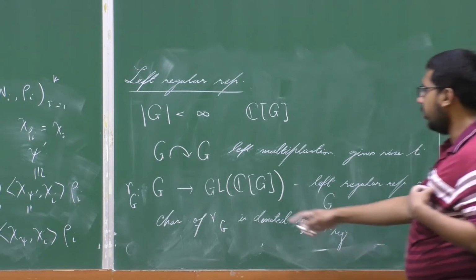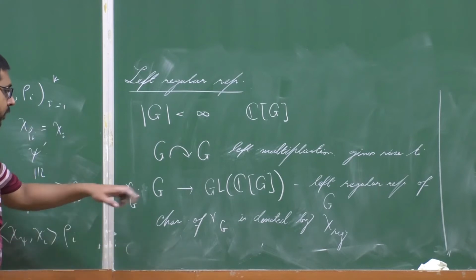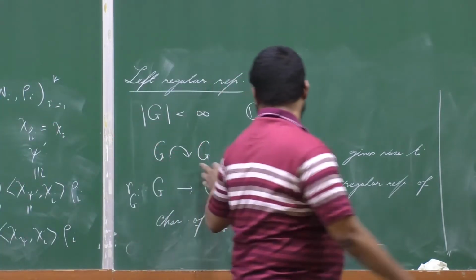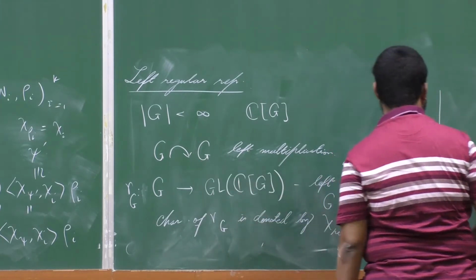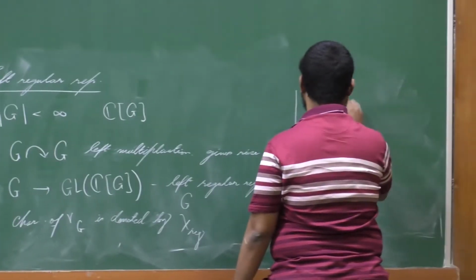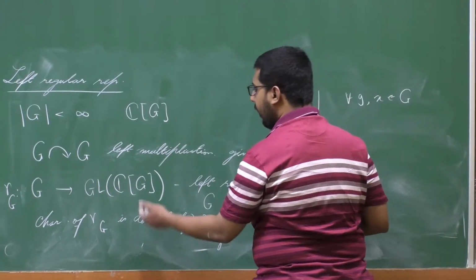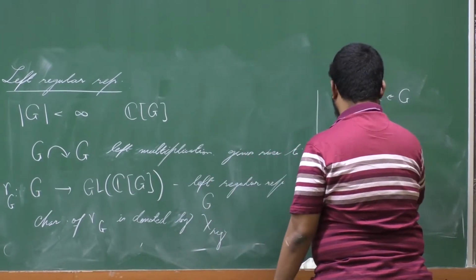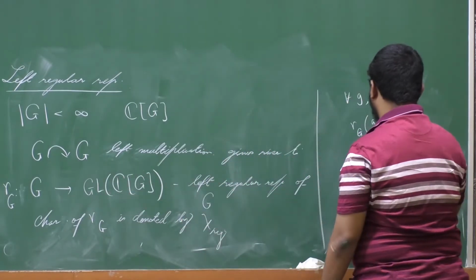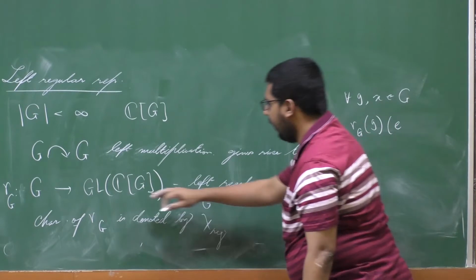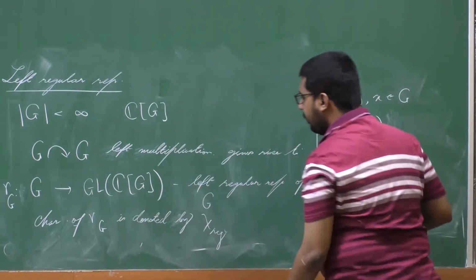Okay. So, also recall the way G acts on G. So, for each g and x in G, the linear operator R_G(g), when it acts on a vector, so what is the basis of CG?